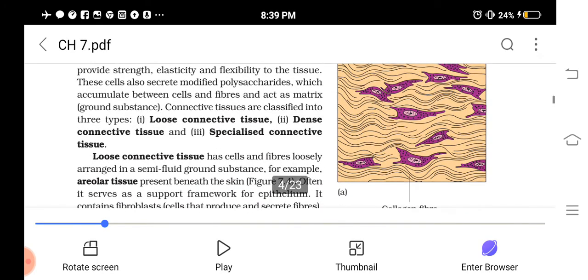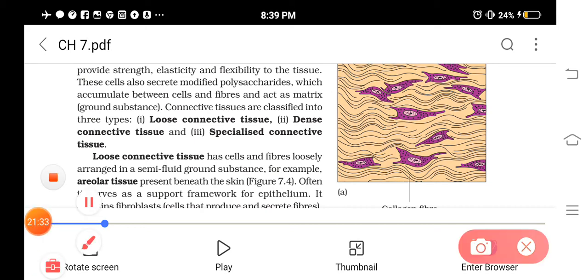In diagram A, you can see the fibers are arranged in a very systematic way, isn't it? So like this, it is dense regular connective tissue. Examples of dense regular connective tissue are tendon and ligament. Have you heard about tendon and ligament? Tendons connect muscles to bones, and ligaments connect bones to bones. So they are examples of dense regular connective tissue.